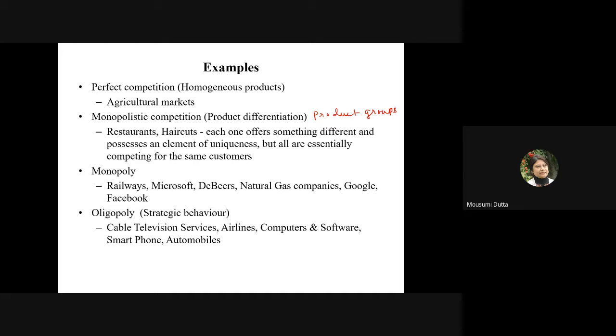Titan actually wants to establish monopoly in wristwatch. Therefore, the company itself is bringing all these varieties, starting from very, very low range up to very, very high range. So all these things are there to capture the market, okay?